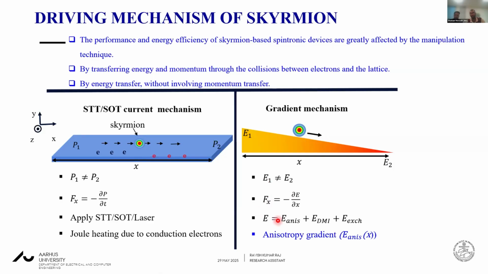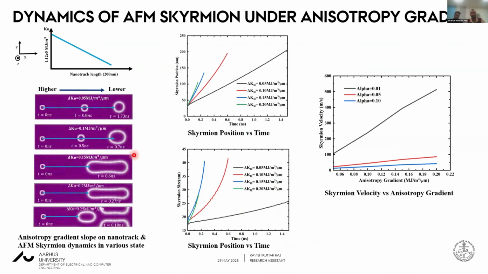Here, the force acting on the skyrmion changes the energy between two successive distances. I am changing the anisotropy energy among the total energy, and that creates the gradient. These are the initial results on the driving method of the AFM skyrmion.